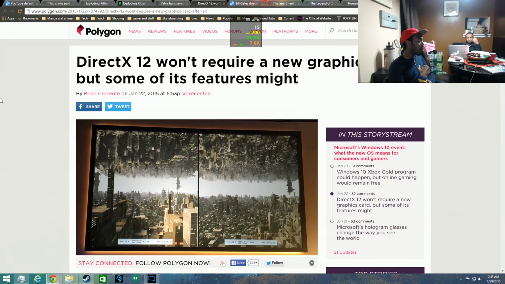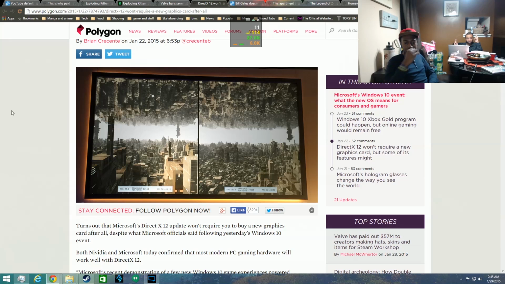DirectX 12 is getting rid of those layers and making it a direct signal, in a sense. That's how I would explain it. They say you won't need new graphics cards for DirectX 12, but some features will need a new card. So that's good.